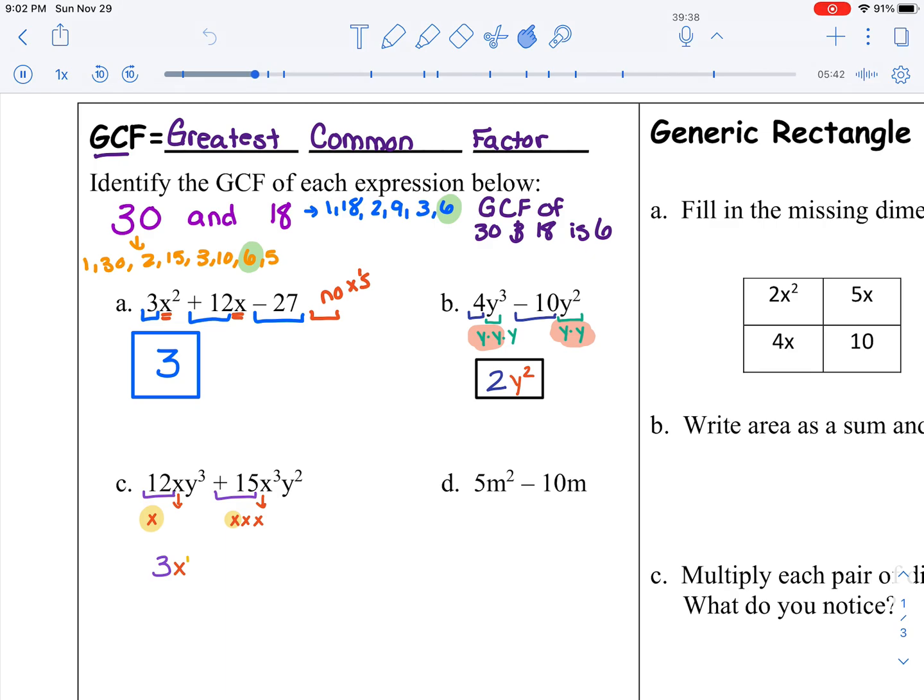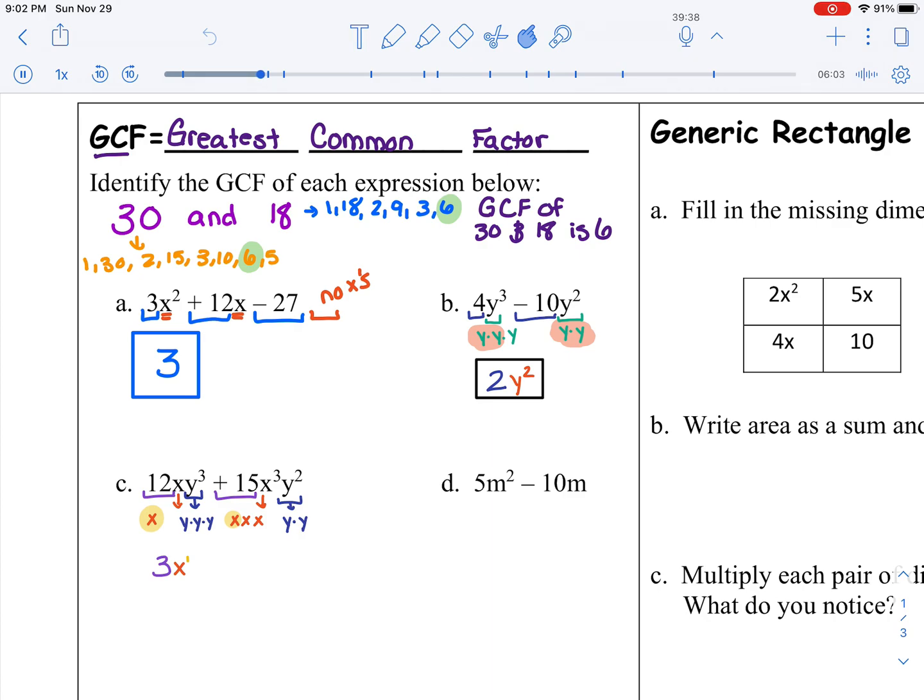And now looking at the next piece, we have y cubed, which means y times y times y. But the second term has y squared, which is y times y.